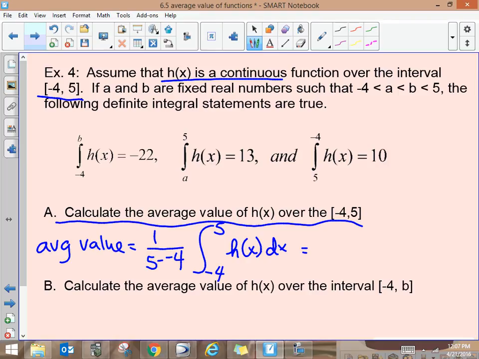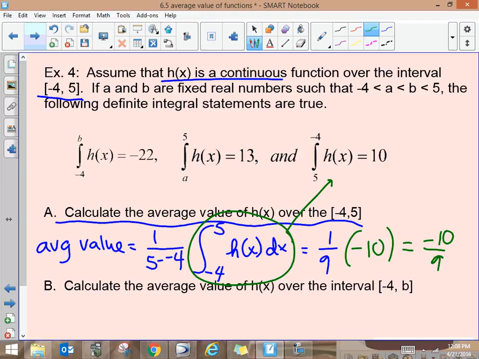From -4 to B, some random number B, and then we went from -4 to 5. That last interval is pretty close, isn't it? So this is 1/9, right? Okay, what's this? -10. So that is -10/9. Just deals with what information they gave us.